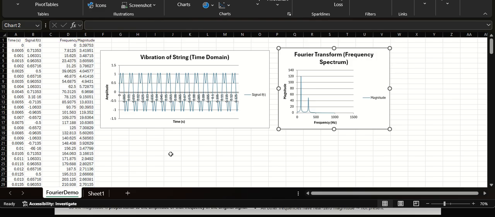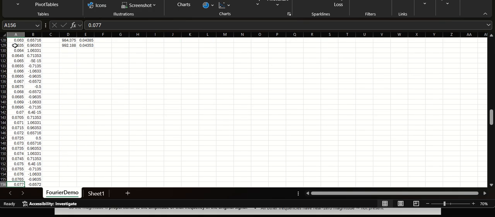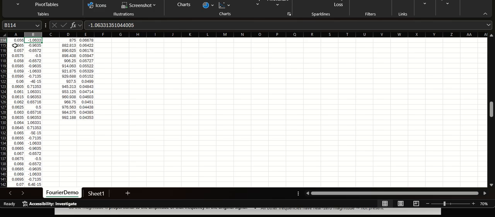Here you can see these values. This is the time varying in the time signal from 0, increasing up to 256 samples. And this value is the f of t value, the functional value.